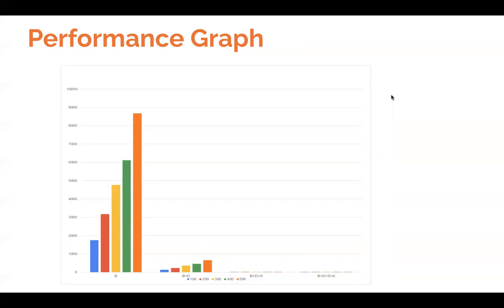On the y-axis we plot the response time in milliseconds. Using only base, the response time for 100 concurrent users was almost 2000 milliseconds, and it rises with the number of users. At last, for 500 users, it rose to around 8500 milliseconds.